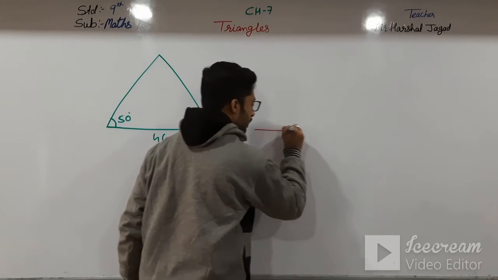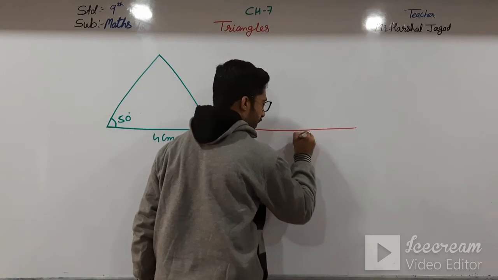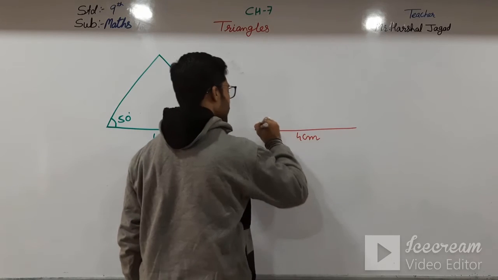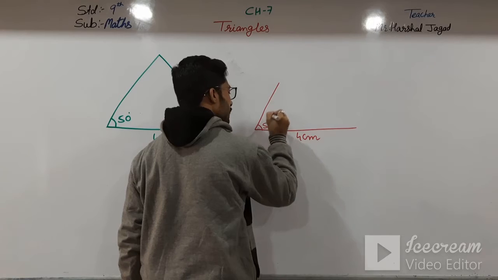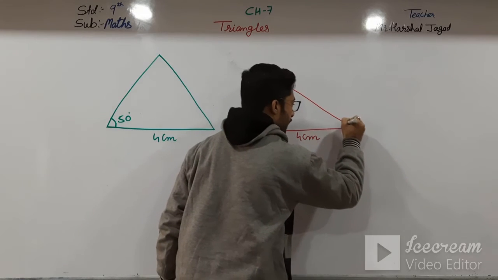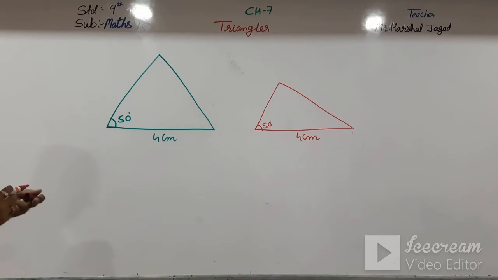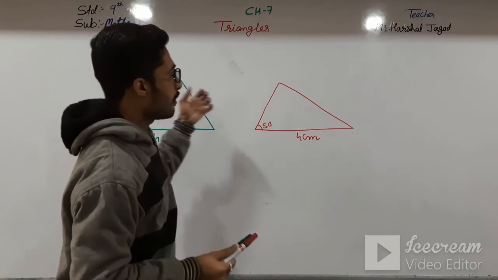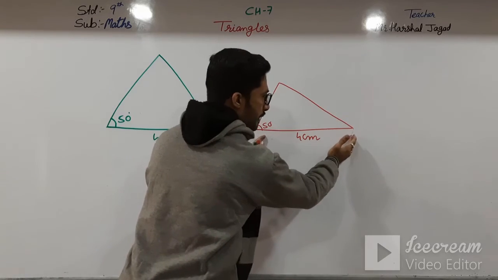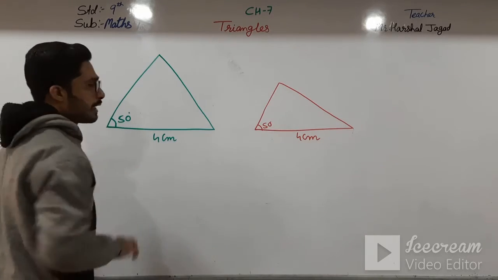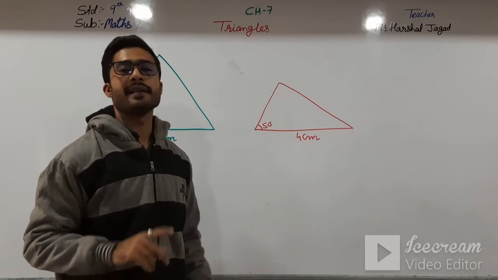Here it is 4 centimeter, and here it is 50 degree. Can anybody tell me, students, whether these triangles are congruent or not? Here this side and this side are the same, and this angle is the same. Is it congruent? No, it is not congruent.